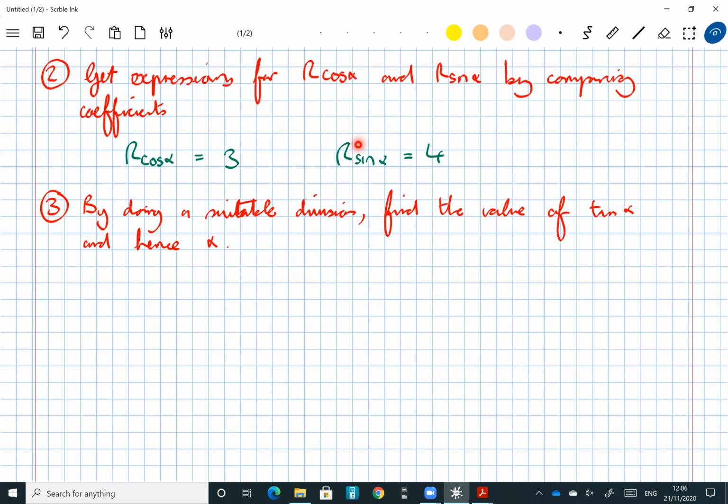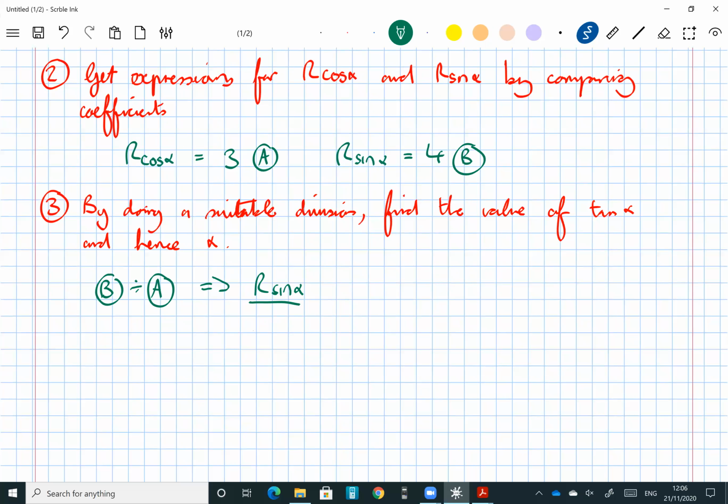So we do this equation here divided by this one. So I call this one equation A and this one equation B. To get tan alpha, it's sine alpha over cos alpha. So if I do equation B, in this case, divided by A, I get r sine alpha divided by r cos alpha equals 4 over 3. R divided by r is 1, the r's cancel, which means that tan alpha is 4/3.